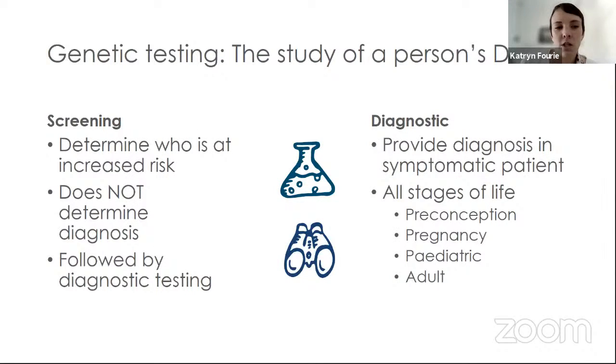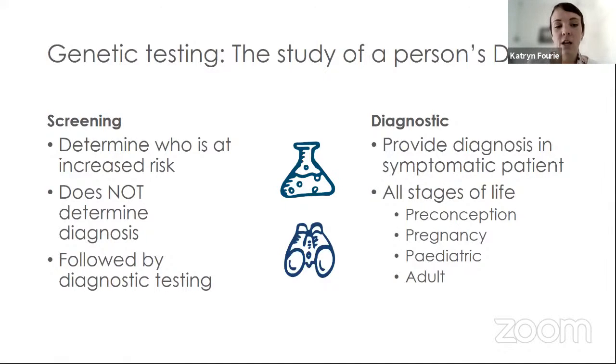So when we look at genetic testing, which obviously is where most of these diagnoses come from, it's a very broad subject, and I've tried to hit all the major points. It can generally be divided into screening tests and diagnostic tests. So a screening test determines and points out people who are at an increased risk of developing a condition.